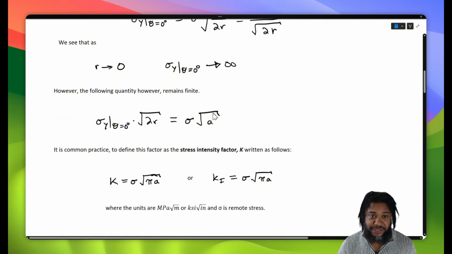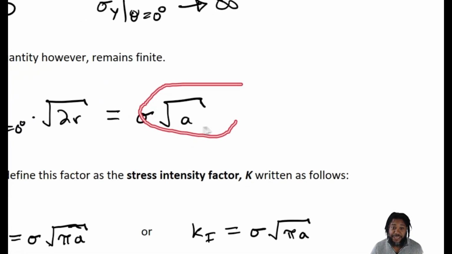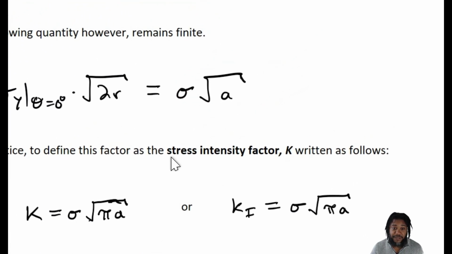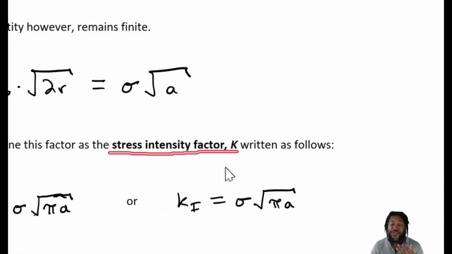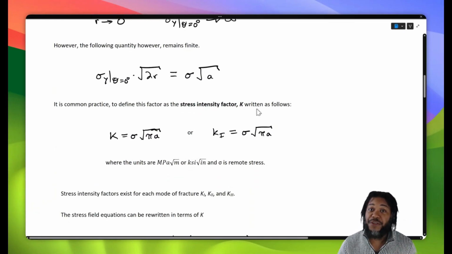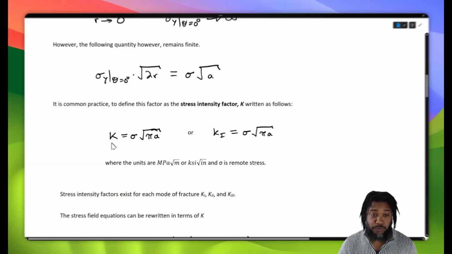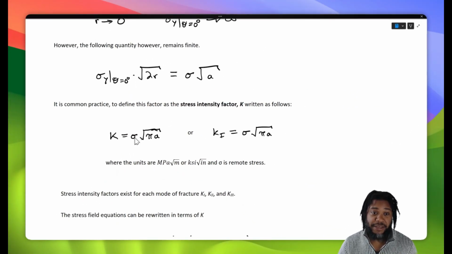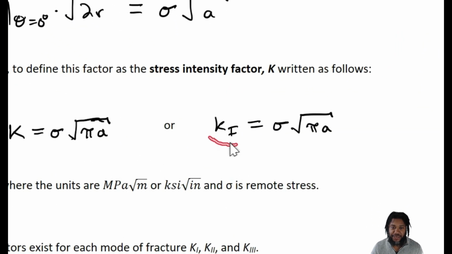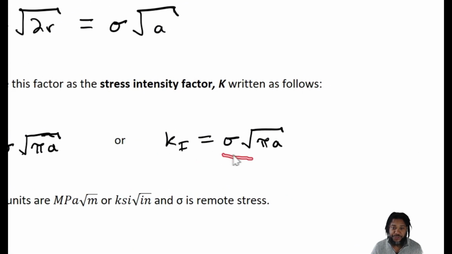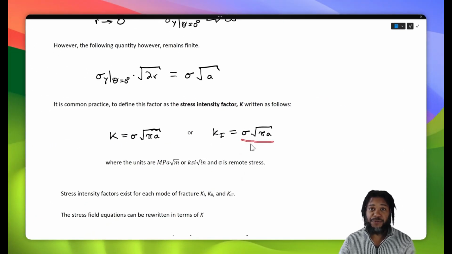So this basic concept in common practice is this calculated term from our geometry, defined as the stress intensity factor, K, written in the following form, where K is equal to sigma times the square root of pi times a, or if we are in mode 1 of cracking, K1 is equal to the same term, where the pi value is added for some numerical reasons.